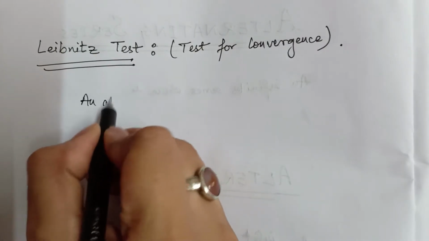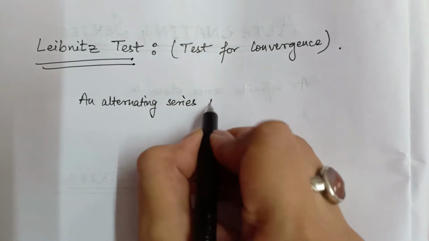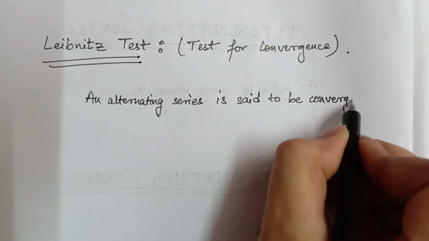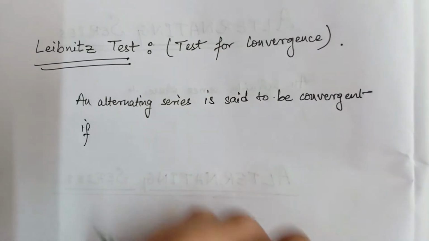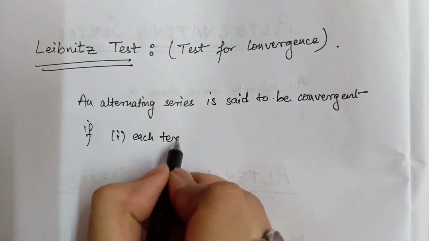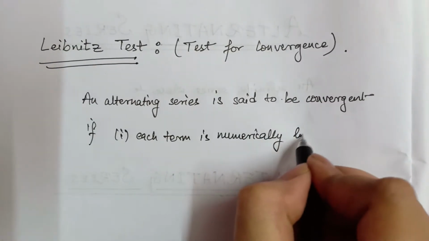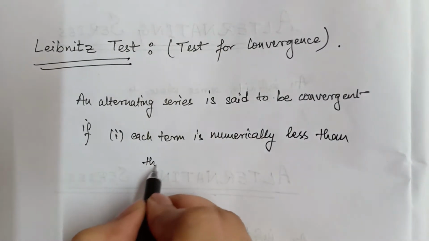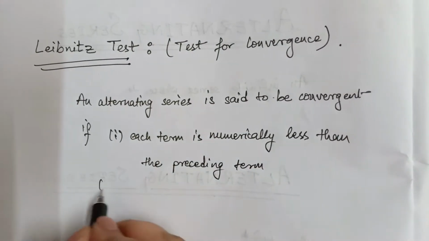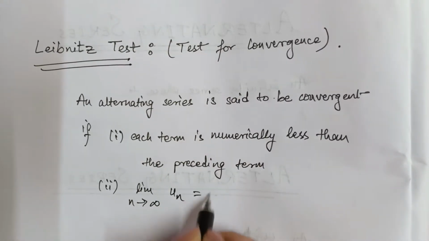An alternating series is said to be convergent if, number 1, each term is numerically less than the preceding term, and the second condition is limit n tends to infinity, un must be equal to 0.